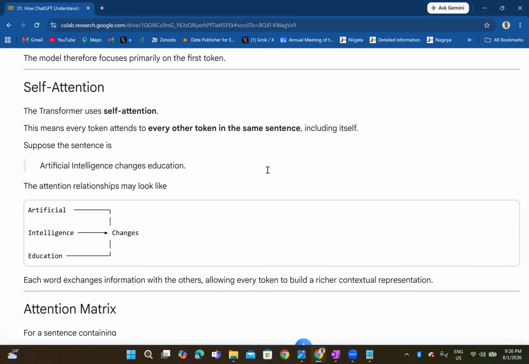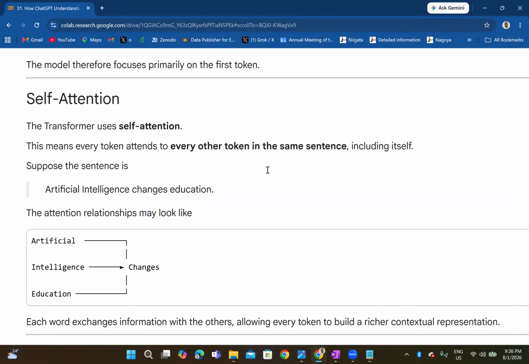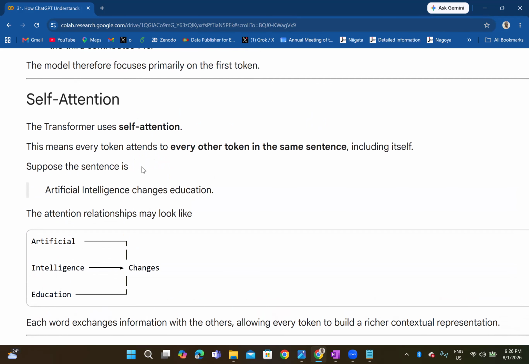Talking about self-attention now, the transformer uses self-attention. This means every token attends to every other token in the same sentence, including itself. Suppose the sentence is artificial intelligence changes education. You are going to have a relationship between every pair of words: artificial intelligence, artificial changes, artificial education, then intelligence changes, intelligence education, then changes education.